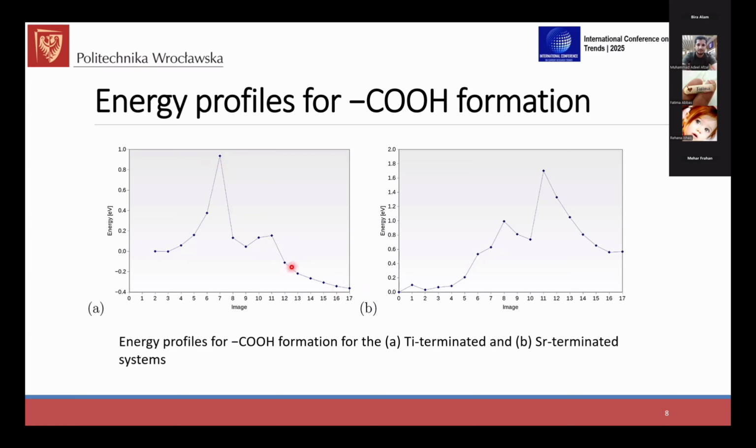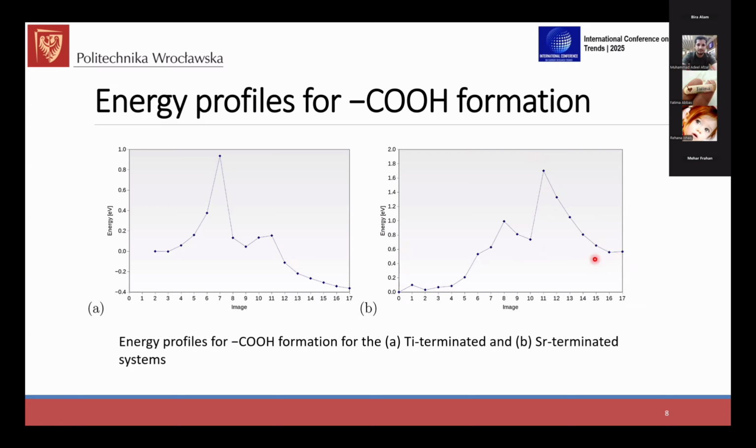and the reverse barrier is high. In the case of the SrO terminated system, we can see here that we need a 1.70 electron volt potential, and this reaction is thermodynamically not favorable, and we can see here that all these energies at the end are greater than zero and not negative.